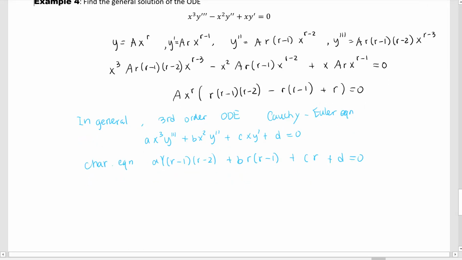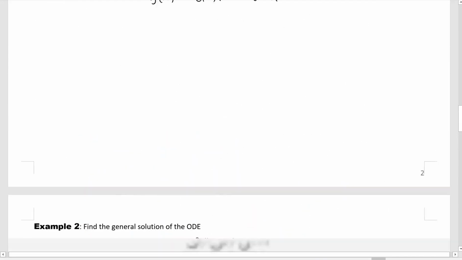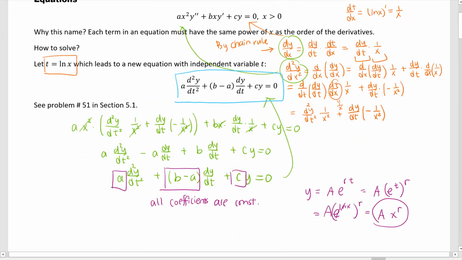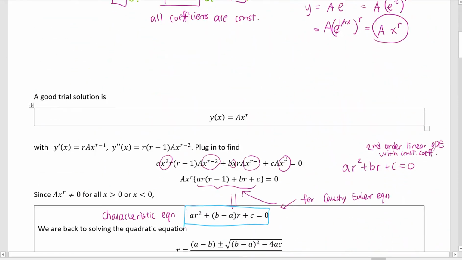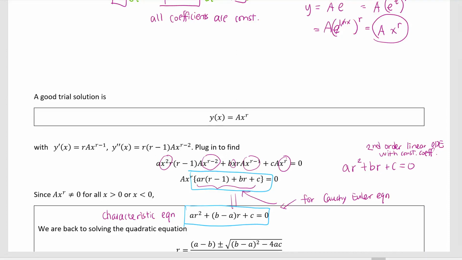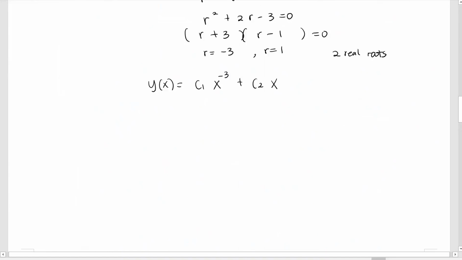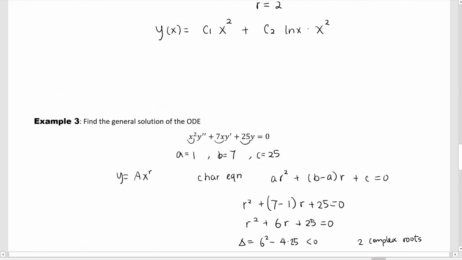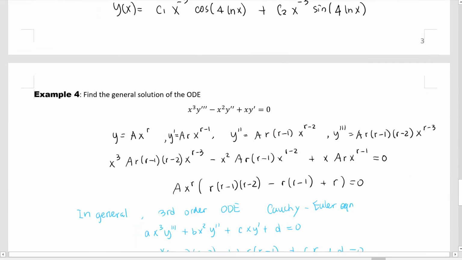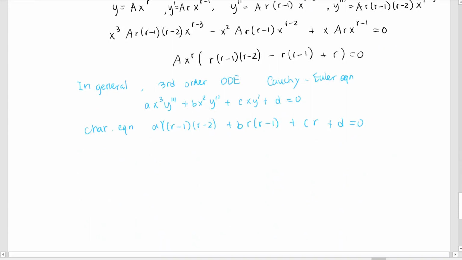So that's why when I first introduced the Cauchy-Euler equations, I said it's more general to look at this form instead of that one. So this is why when you have higher order, you just have more terms, like r times r minus 1 times r minus 2.